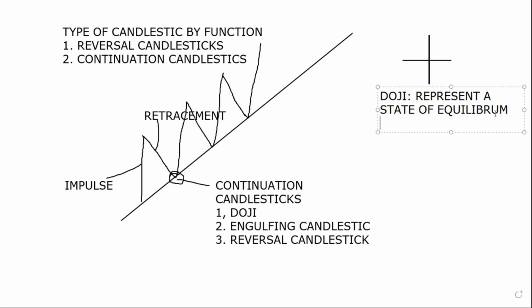Now, if you're driving a car and you step on your brake, what happens? You notice that you start decelerating. It gets to a point where you are almost at a standstill. That's what doji represents. Because at this point, the pressure from the seller is from the top, and the pressure from the buyer is from the bottom. The two of them come to a place and they come to a standstill.